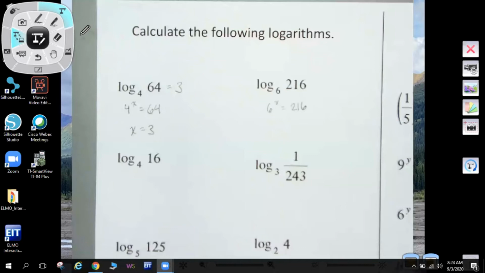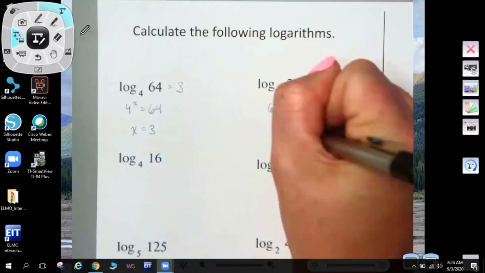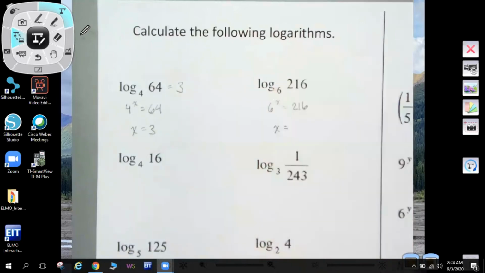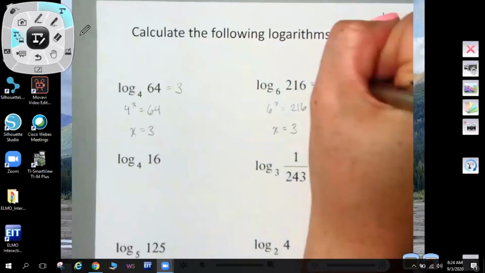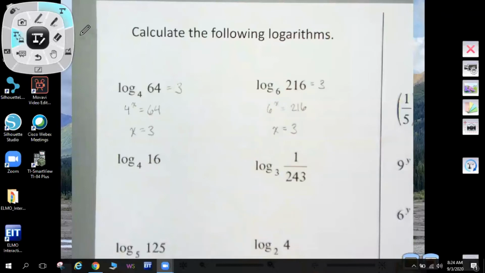You're going to try different exponents on 6 until you get 216. Anybody have it yet? Three. So the value of this logarithm is 3 because 6 cubed equals 216.